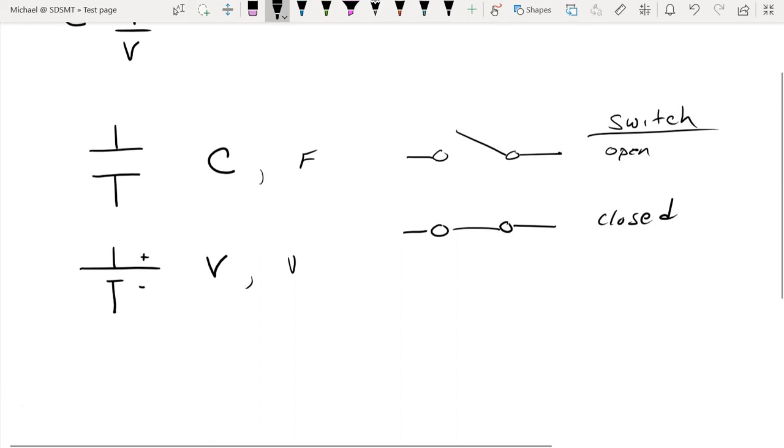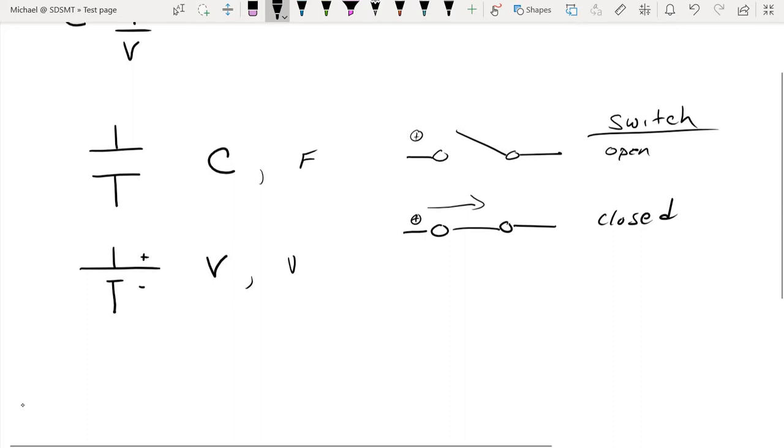Well, in this case, the troops are going to be the charged particles. And if I have a charged particle that I want to move through the circuit, the only way that we're going to be able to do that is if we close that switch and provide that full connection or that full path.